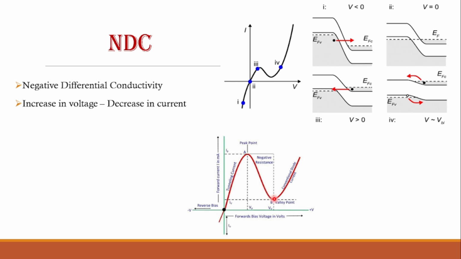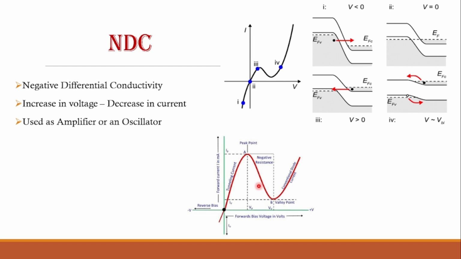And finally, after the valley point, we can observe that it is going to act like a conventional diode. The main feature is this negative differential conductivity or negative resistance region, that is the NDC region, and this is the IV characteristics for a tunnel diode.